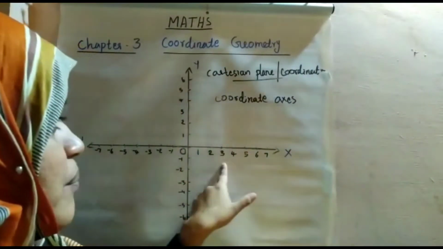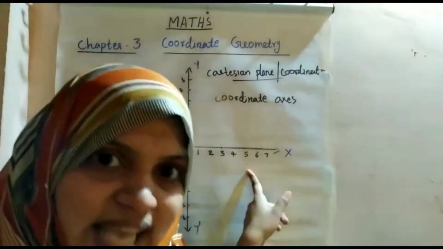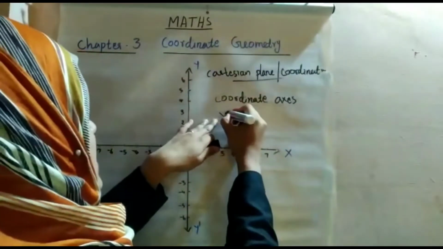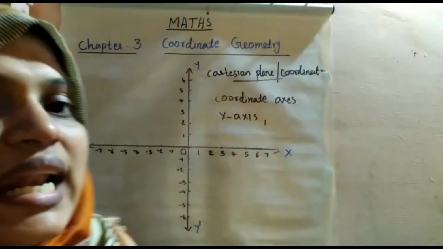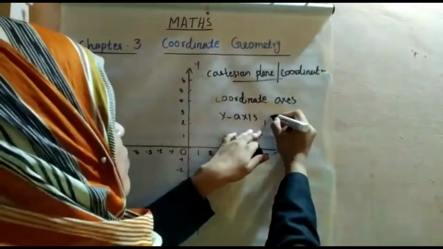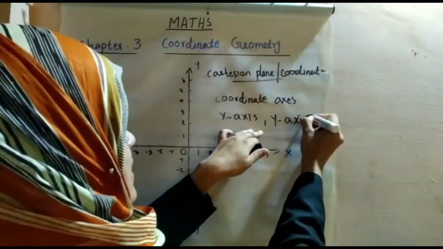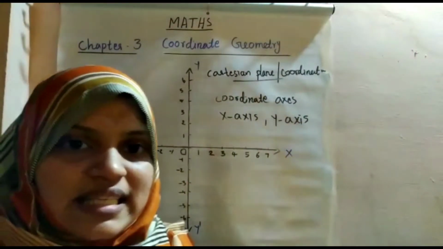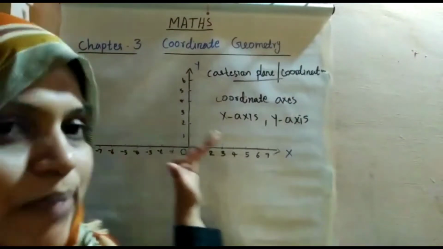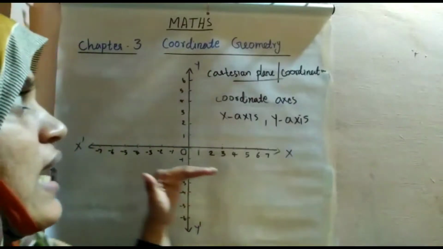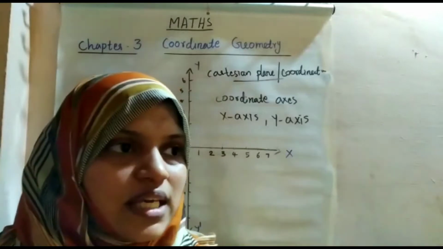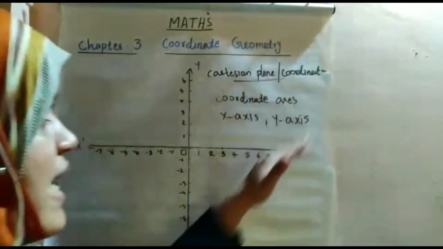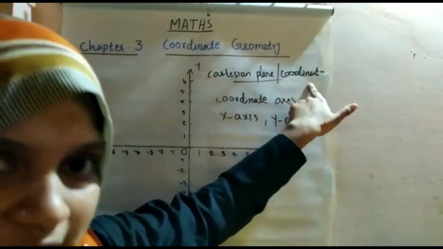This horizontal line is called the x-axis, and the vertical line is called the y-axis. Clear? So three things. First, the plane in which we need to locate a point or an object is called the Cartesian plane or coordinate plane.